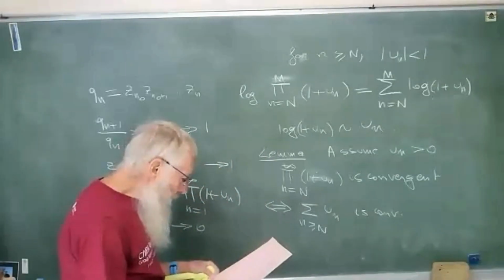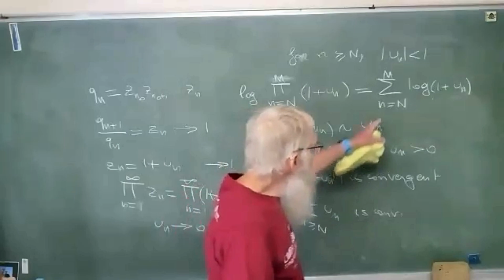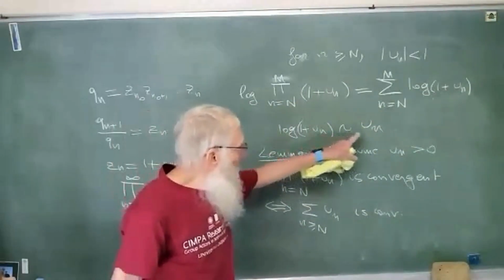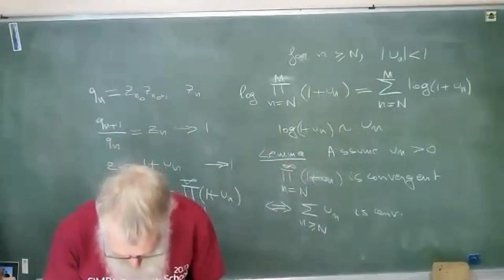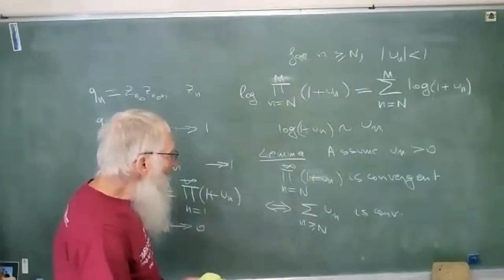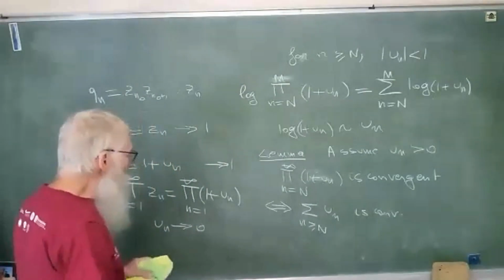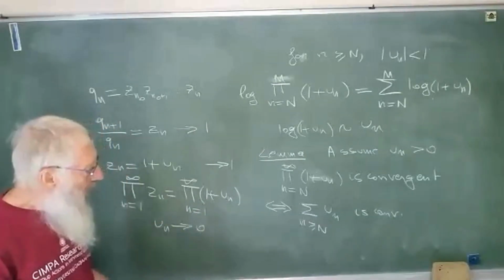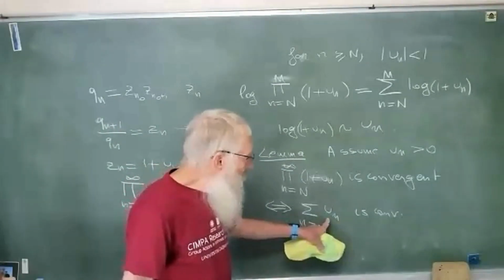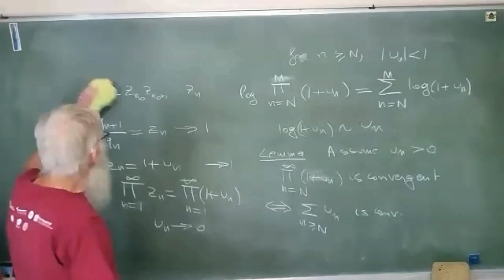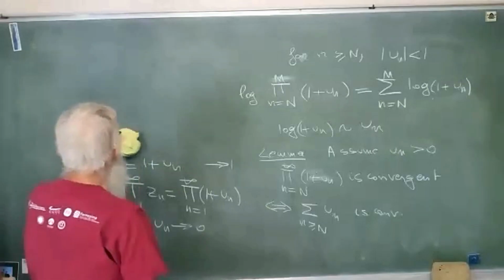It's just to write the series which is here, and to write precisely that the log of 1 plus un is equivalent to un. Because of this lemma, we deduce that if the product of 1 plus modulus of un is convergent, which means that the sum of the modulus of un is convergent, then the product of 1 plus un is convergent. So this is a definition of absolute convergent product.